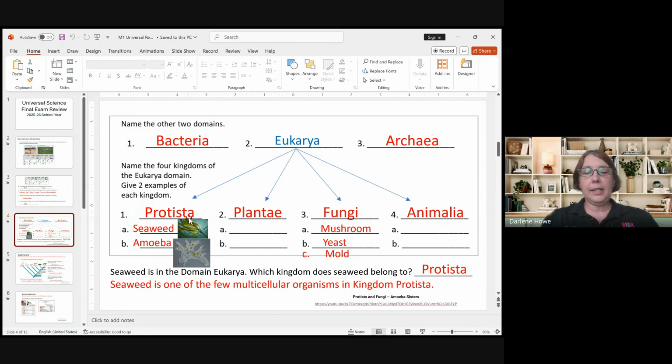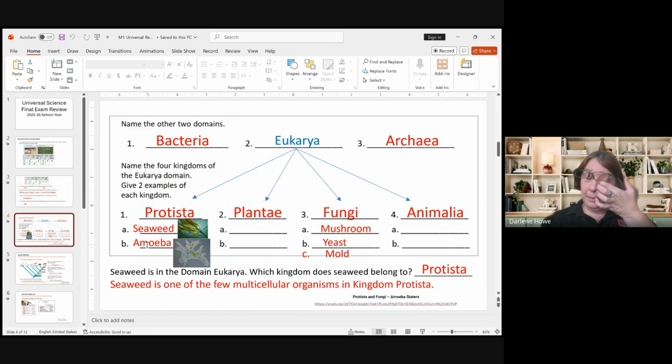Things like seaweed. We look at seaweed in the ocean and we automatically think it's a plant. No, it's not a plant. It is a protist, and it's one of the few multicellular protists in the kingdom of Protista. Another good one to think of is amoebas.